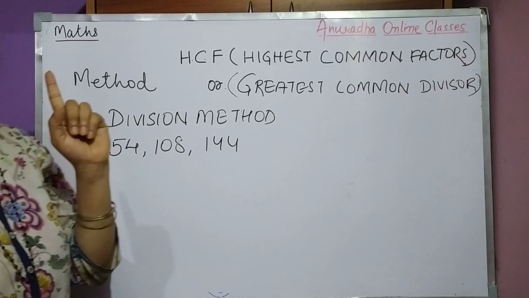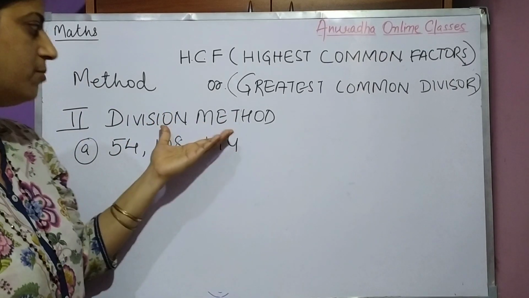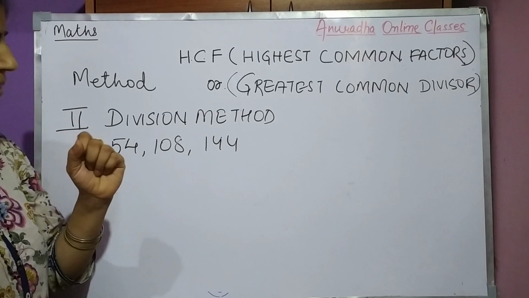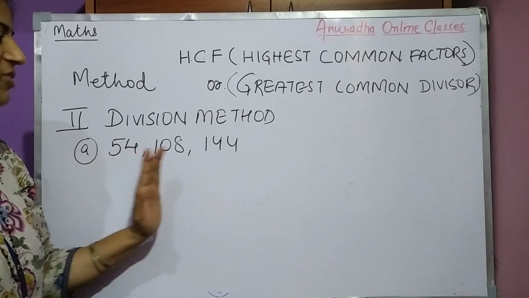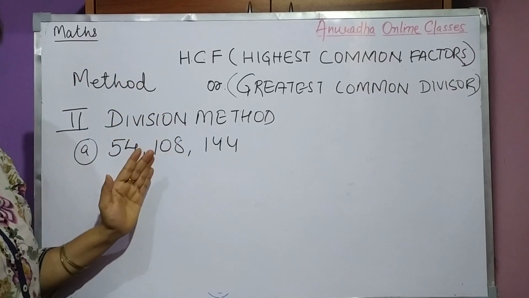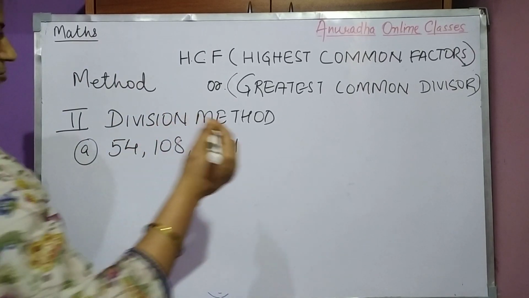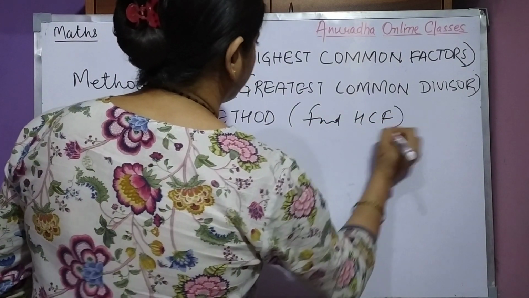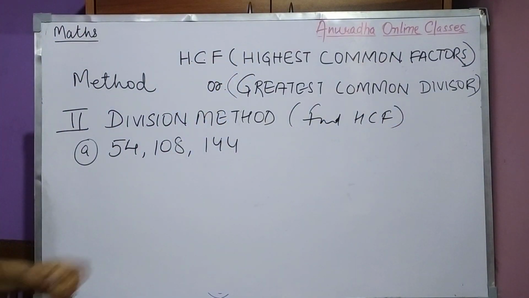First was prime factorization and the second method for finding HCF is what? Division method. Division method, I am telling you, of three numbers. Okay. You have to find the HCF. Find HCF by using division method.